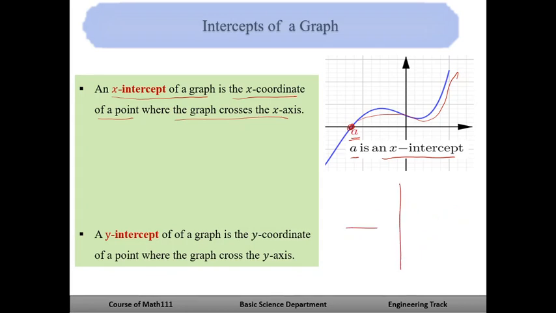For example, look here. You see there is no intersection with the x-axis, so there is no x-intercept for this graph. So there might be an x-intercept, or not, or maybe more than one.